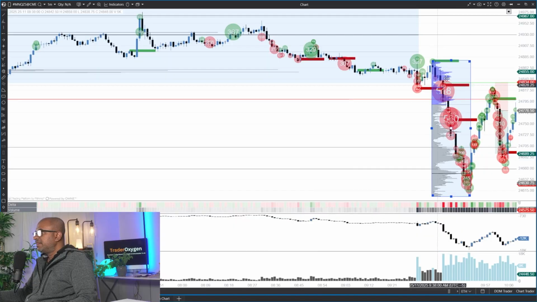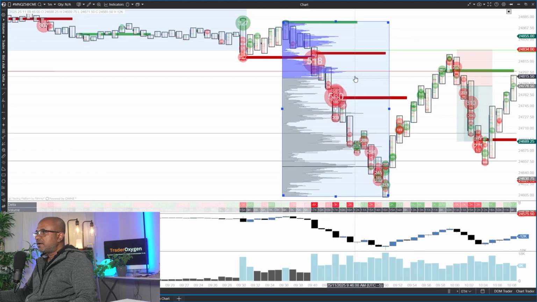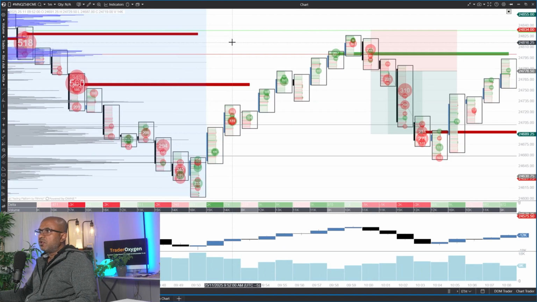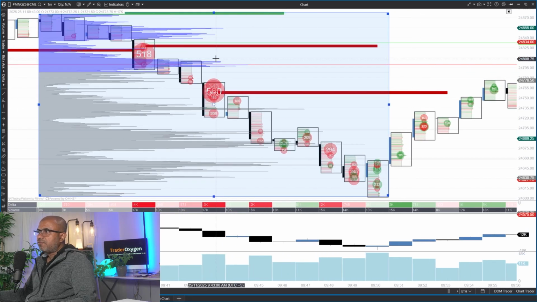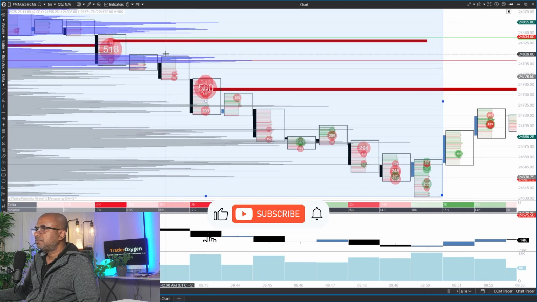So over here in this area where the aggressive sellers push the price down, I will zoom the chart. When I zoom the chart, I am entering into the footprint chart. So I'm looking into that area of where the aggressive sellers push the price down.